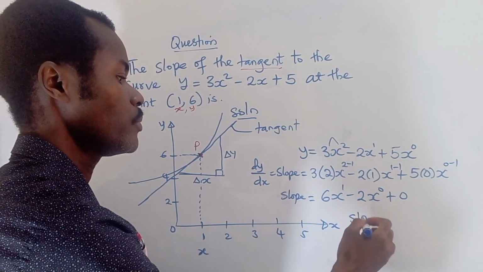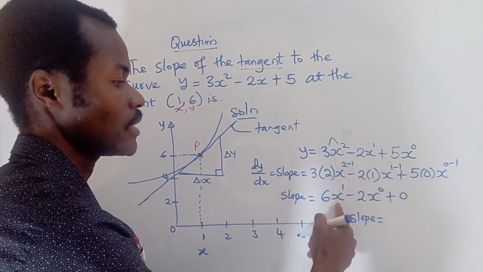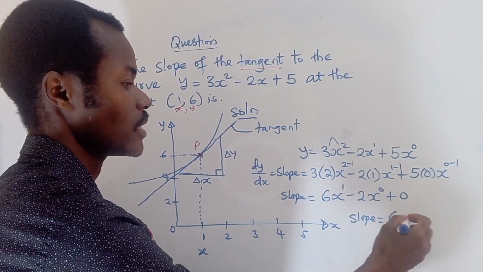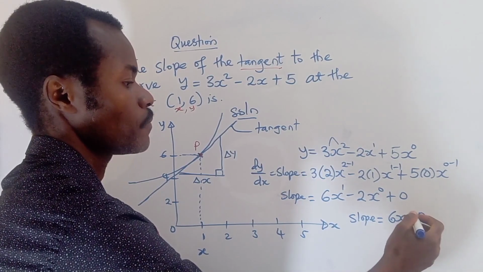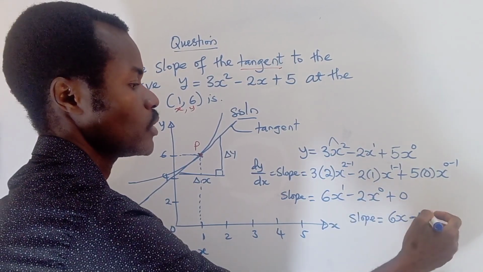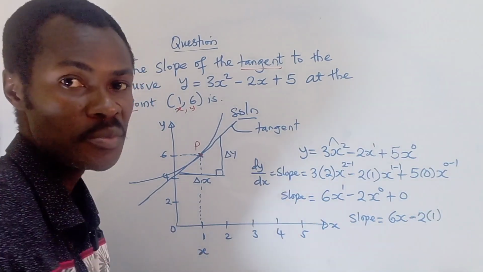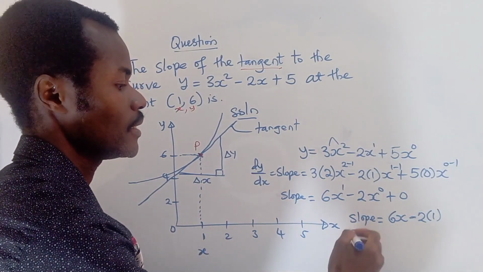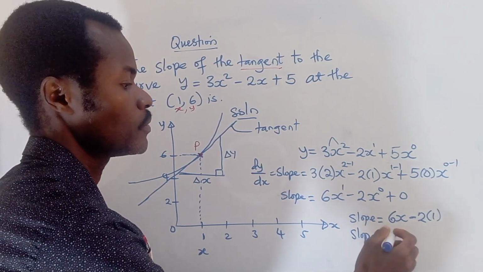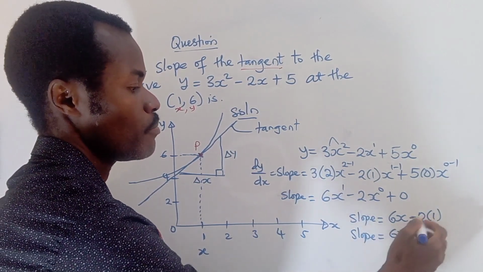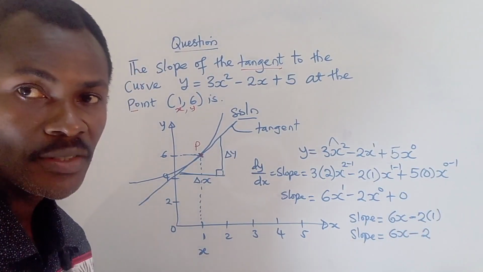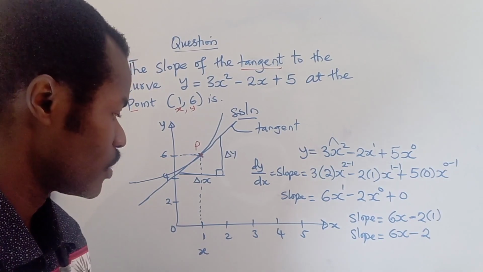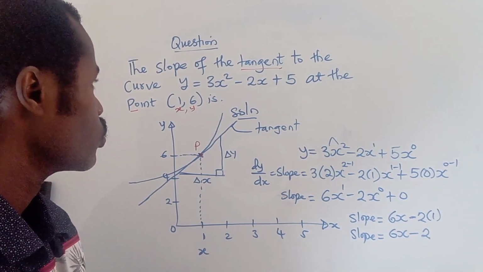So our slope is equal to 6x raised to the power of 1, which is still 6x, minus 2. Now x raised to the power of 0 means 1. So our slope becomes 6x minus 2 times 1, which is 2.